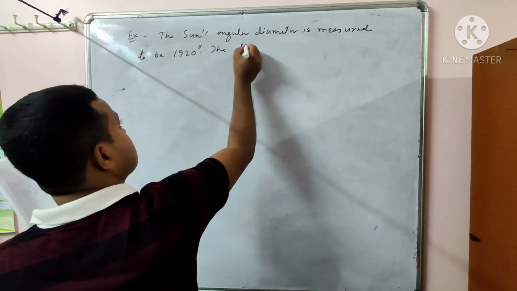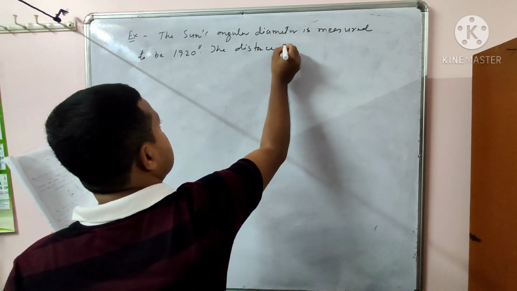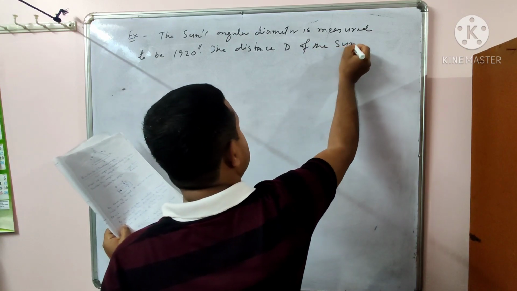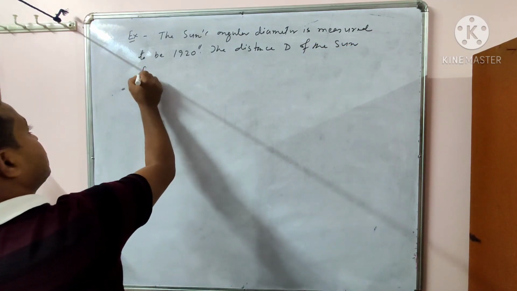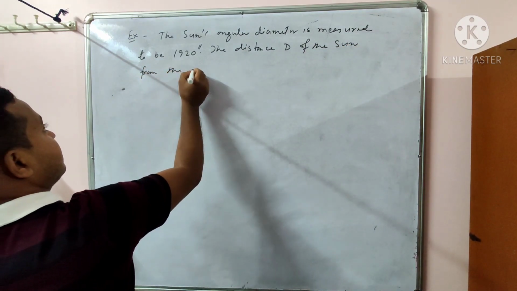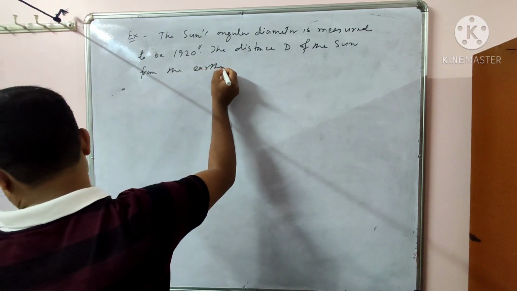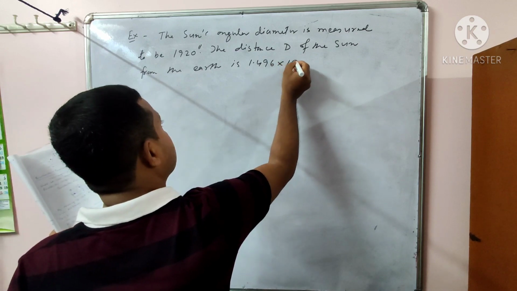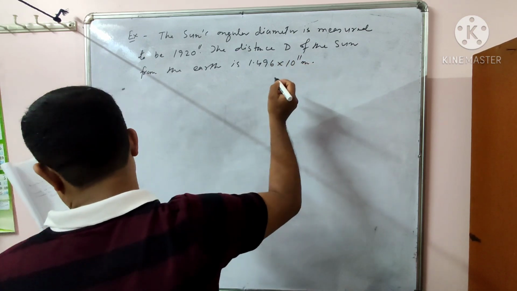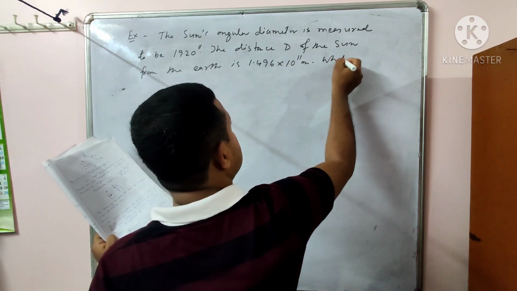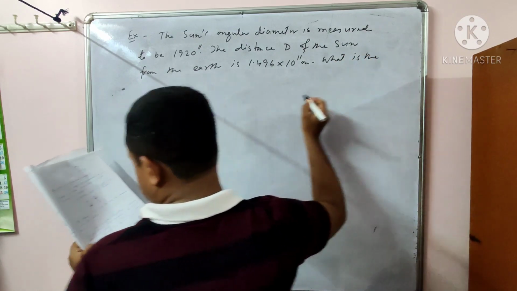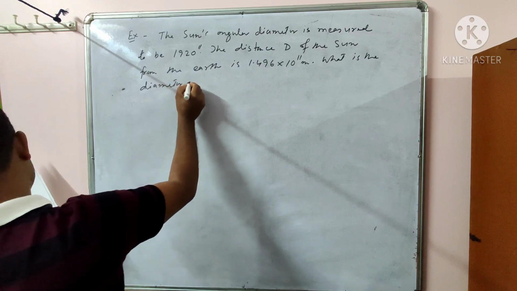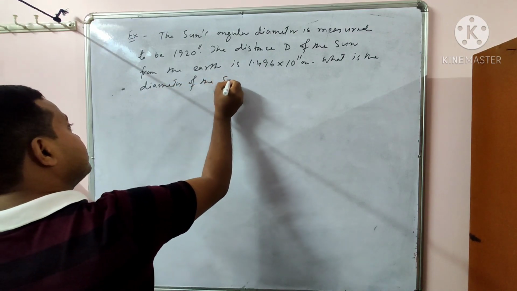The distance d of the sun from the earth is 1.496 times 10 to the power 11 meter. What is the diameter of the sun?